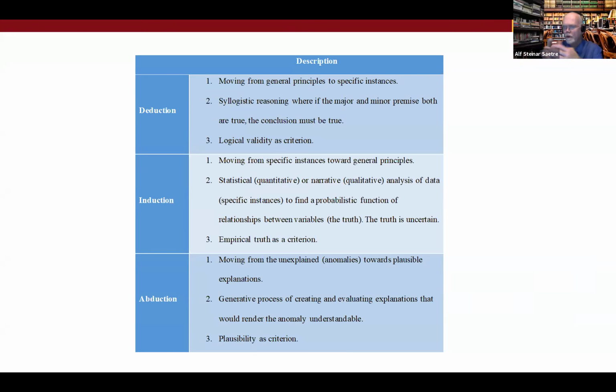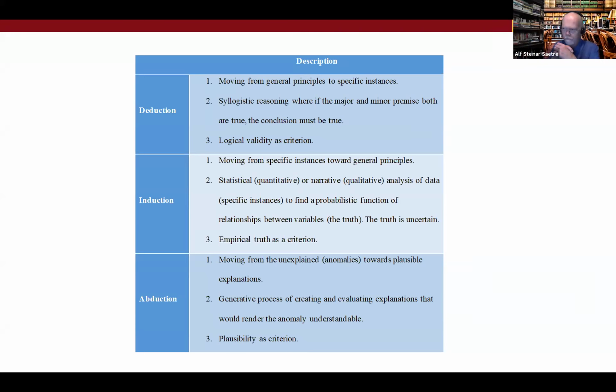For deduction, I'm assuming most of you, if not all of you, are familiar with the classic example of major premise, all men are mortal, minor premise, Socrates is a man, therefore, it's syllogistic reasoning. If both premises are true, then the conclusion must be valid.